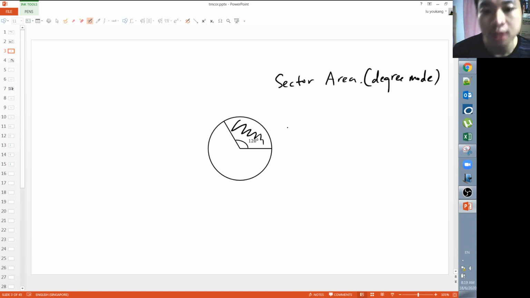Very simple. You have your 120 degrees here. So 120 degrees over 360 degrees. Why? Because 120 degrees over 360 degrees tells you that you are taking only this area.